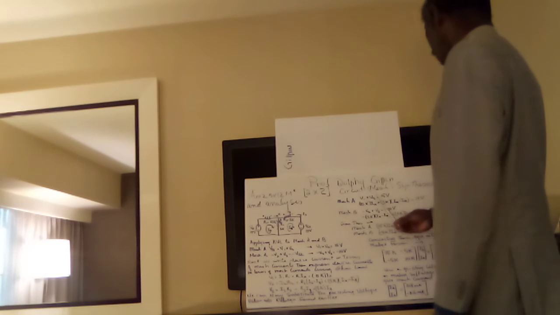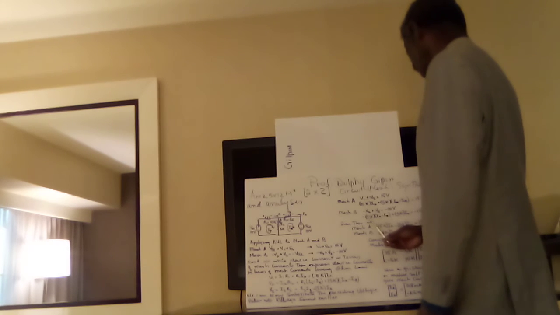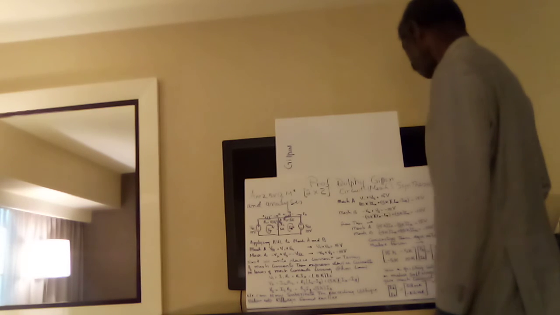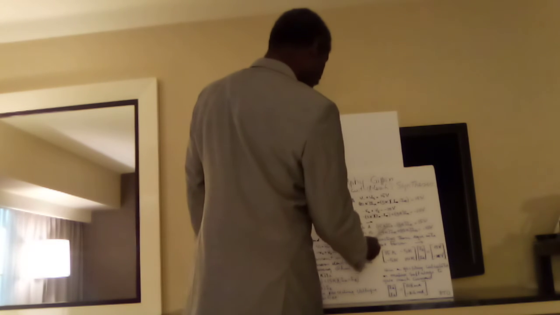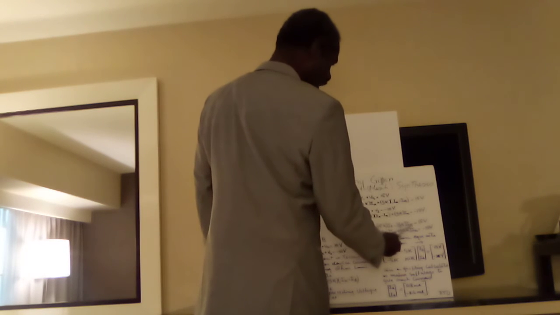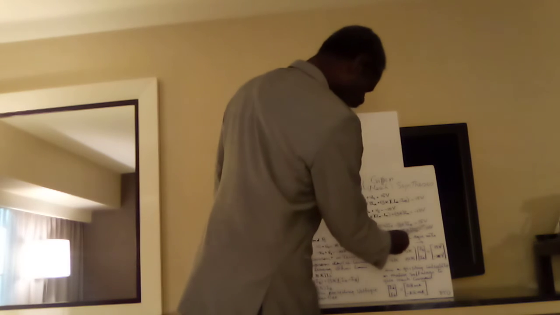So this is V1 and V2. And mesh B is equal to minus V2 plus V3 equals minus 10 volts. So minus 5 kilo ohms times IA minus IB plus 5 kilo ohms times IB is equal to minus 10 volts. And from this, we have mesh A: 15 kilo ohms times IA minus 5 kilo ohms times IB equals 15 volts. And mesh B: minus 5 kilo ohms times IA plus 10 kilo ohms times IB equals minus 10 volts.